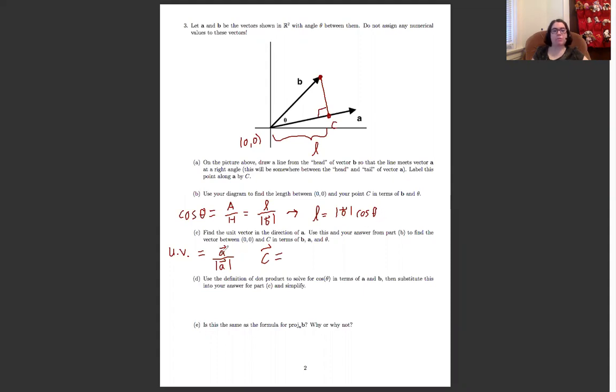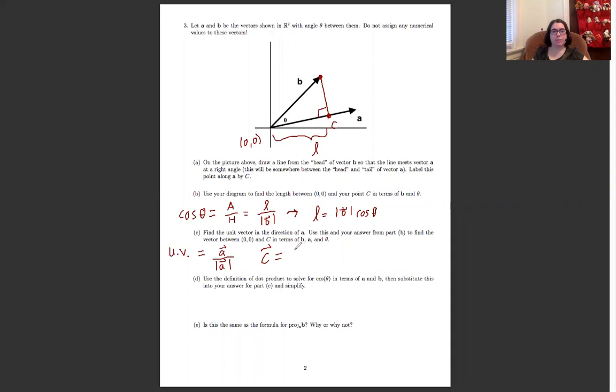And since C is lying along this vector A, C should point in the same direction as A. It shouldn't have the full magnitude that A has. It should only have magnitude B times cosine theta, but it should still go in the same direction as A because it lies between 0, 0, and A.